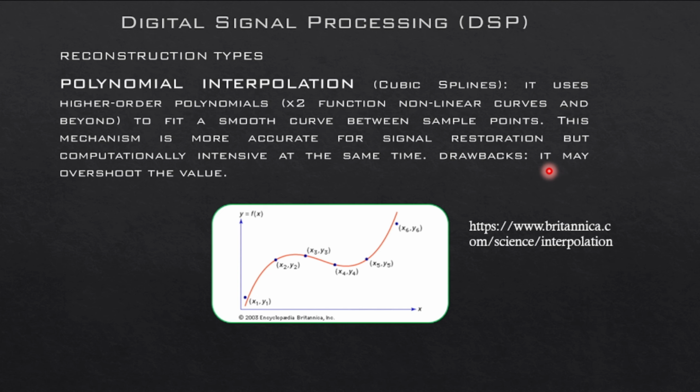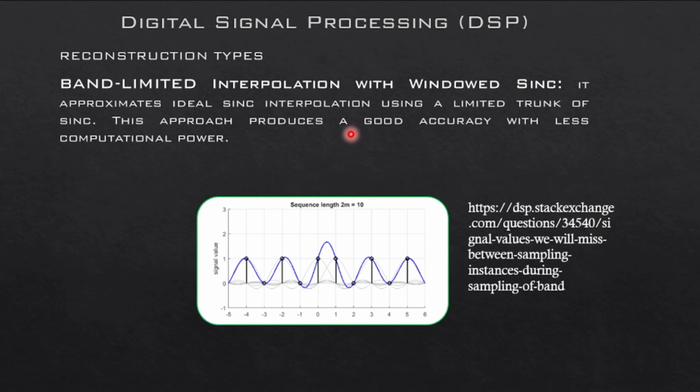Put simply, band limited interpolation with windowed Sinc. Sinc are wavelets actually. We've seen it in the other slide. These are wavelets, and they are some of the best things to represent a signal, because of Fourier's law that any random signal can be converted to a sum of sine waves.